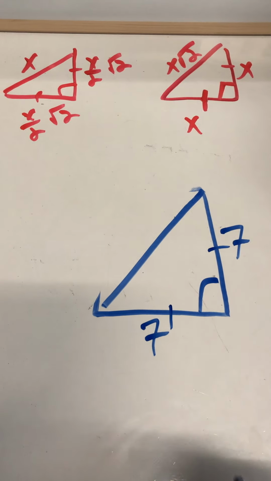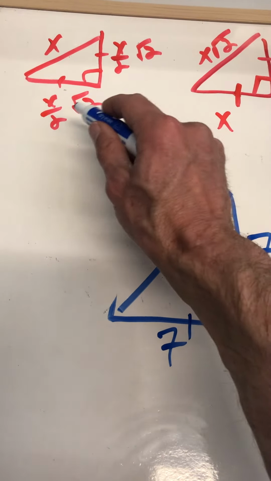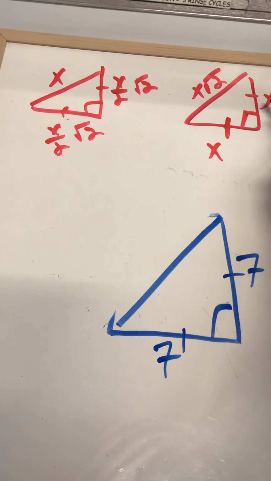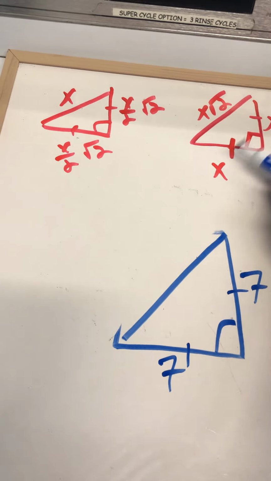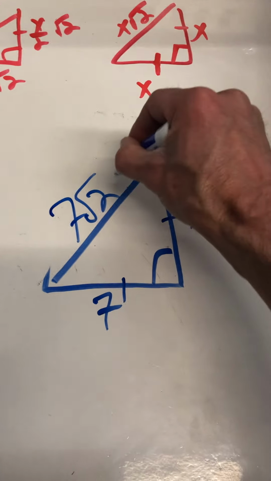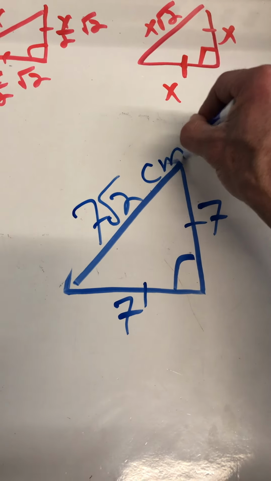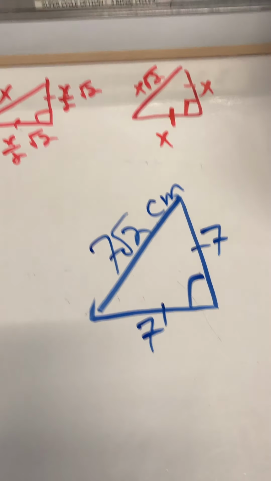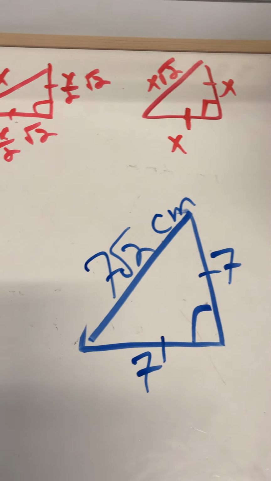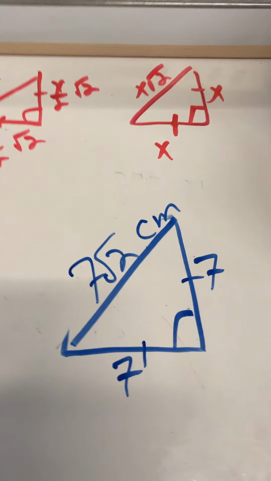I just need that. Now, which one is this? Is it this one or is it this one? It looks like it's this one because both of these sides are the whole numbers that they give me, and then this side is that same number, root 2, but it is centimeters because that's a unit of measure. So the diagonal is 7 root 2 centimeters. Okay, cool.